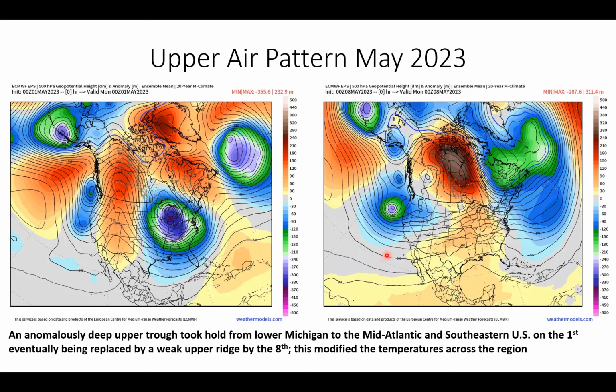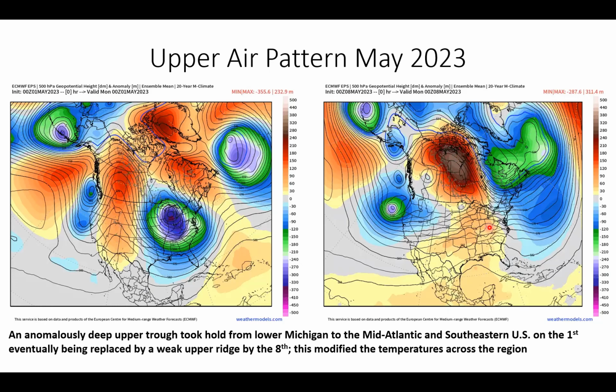As we move forward, on the right I'm showing you the chart of 500 millibar heights and height anomalies for 8 May 2023. We now have an upper level closed low or troughing that has moved just off the U.S. West Coast. We do see an anomalously high height center on the western portions of Hudson Bay and over north central Canada on the 8th of May.